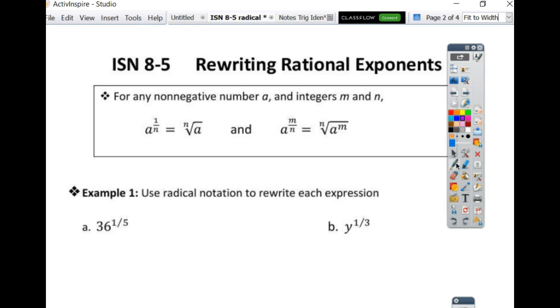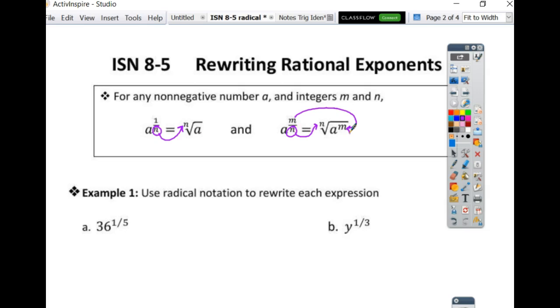So all we're going to do is we're going to rewrite rational exponents. So it sounds hard, but it's not. So whatever number is on the bottom, it always goes outside. So this number is on the bottom, it goes on the outside. If you have one on top, it's going to go on the inside.